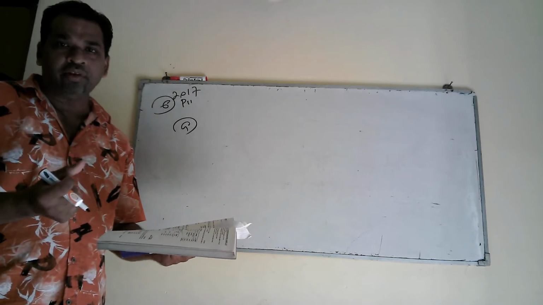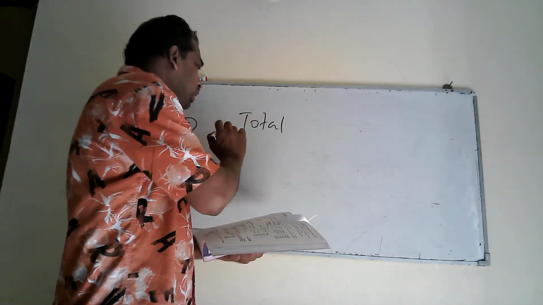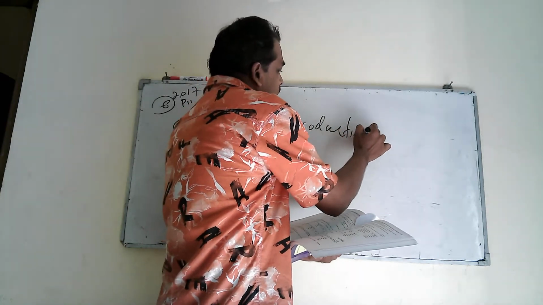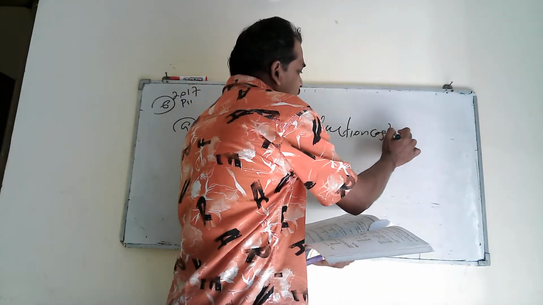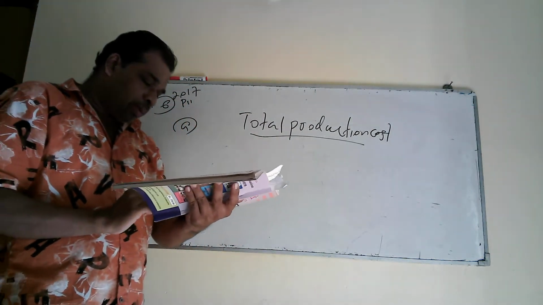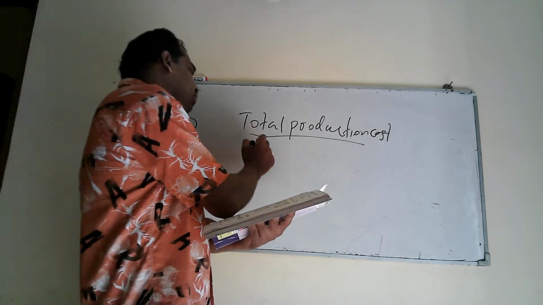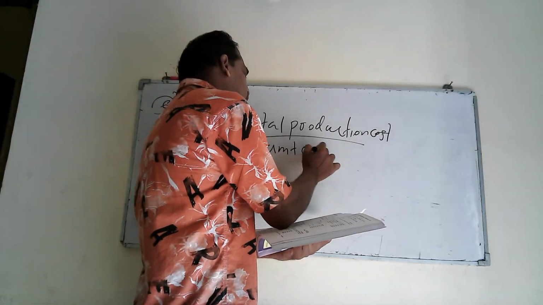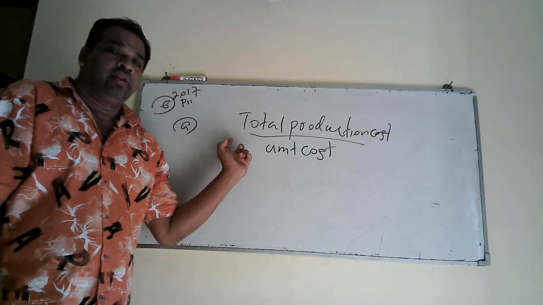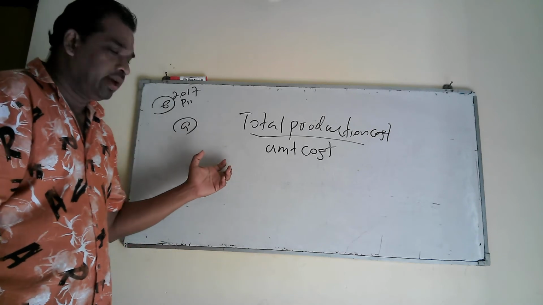you can take total production cost divided by average cost or unit cost. This is another formula. This formula is not given in the lesson, but you can create a formula, because that is the intelligence.